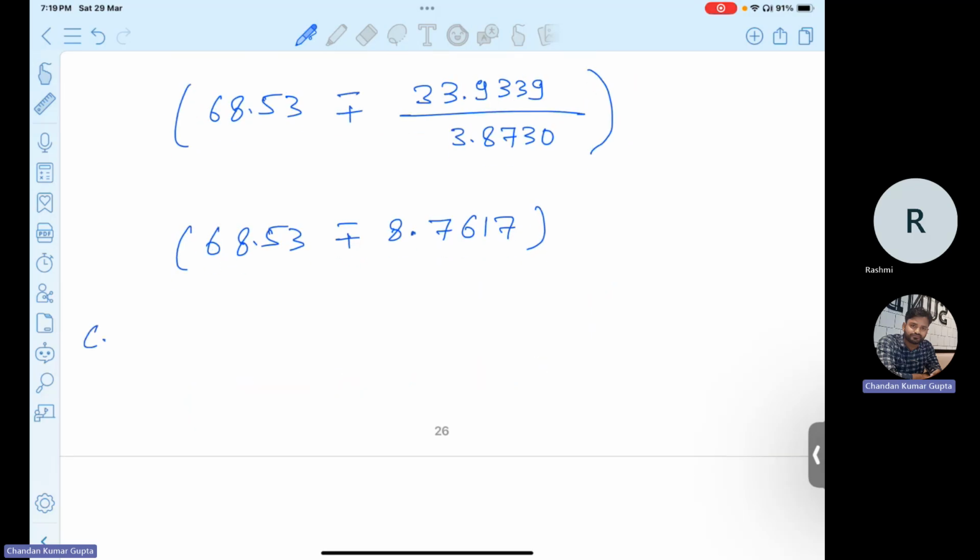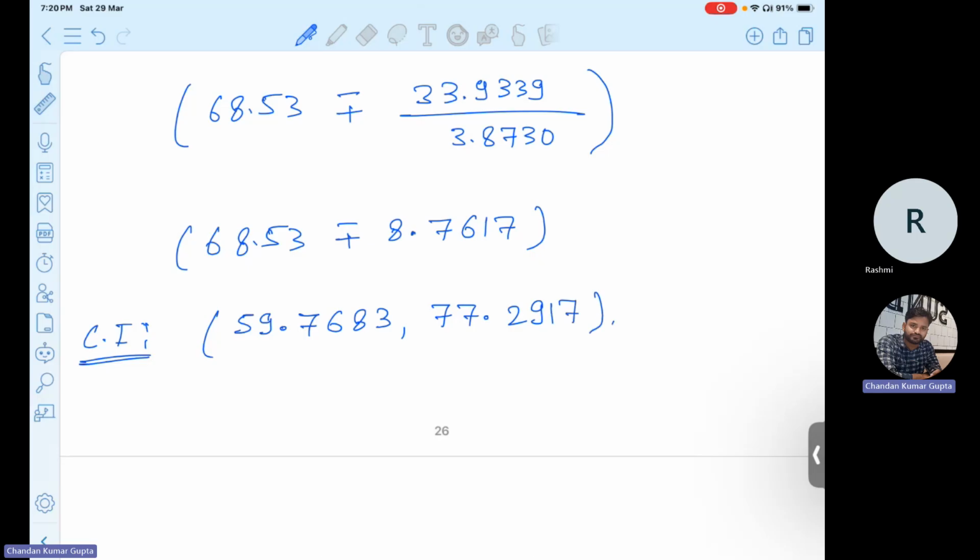When we consider the minus sign, 68.53 minus 8.7617 gives 59.7683, and when we add these two quantities, it gives 77.2917. So the 95% confidence interval is 59.77 to 77.29.